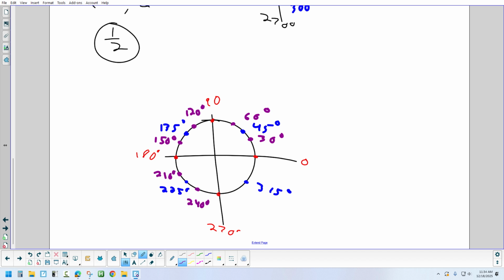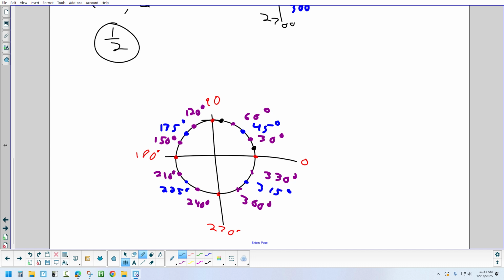And over here you've got 300 and 330. So those are all the different angles that we can work with on the unit circle. And everything is really just a reflection of the 3 in quadrant 1. That's all they are. You'll notice they are not equally spaced. We have some gaps in here. There's a gap here. We didn't talk about that one. And there's a gap here.